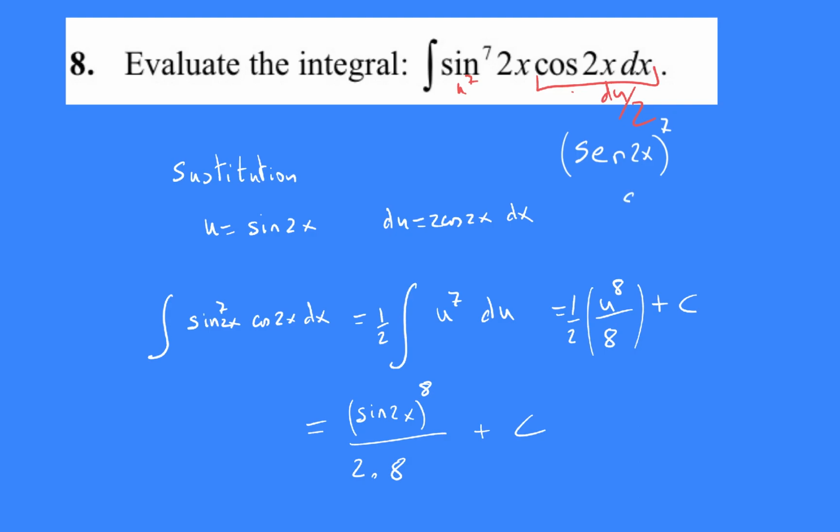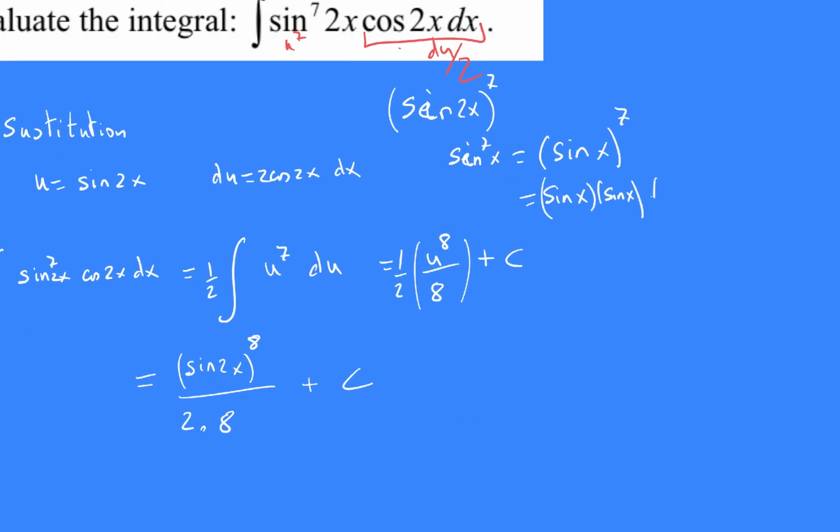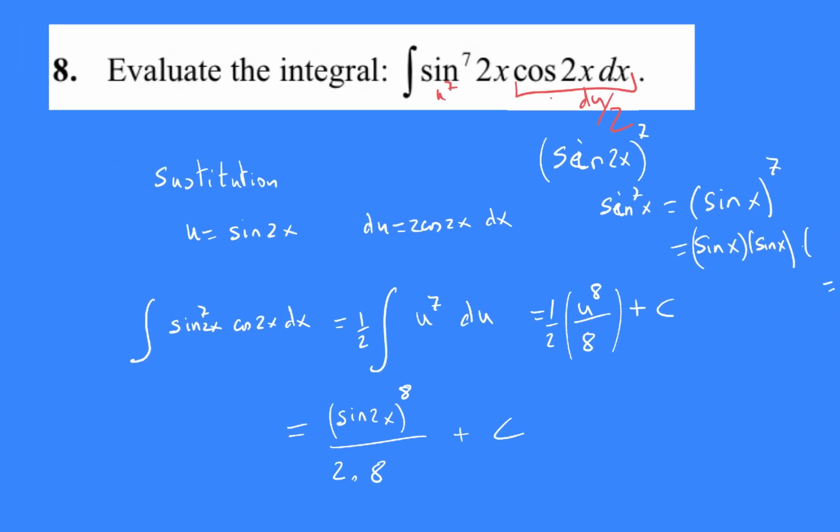In mathematics, they write it like this, sine^7. But what it means is sine of 2x multiplied by itself 7 times. This is what it means, and you cannot be confused.